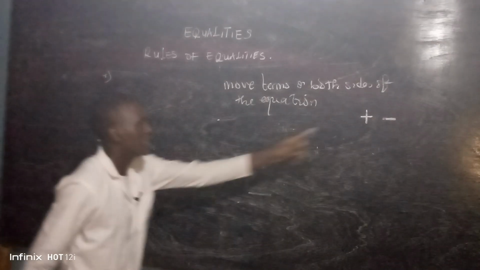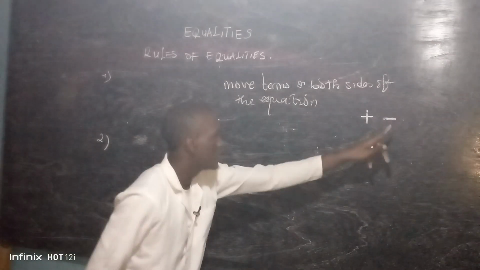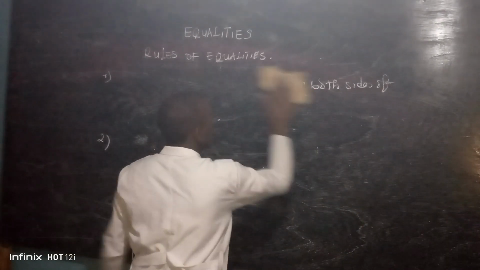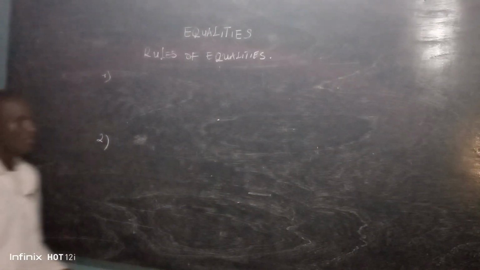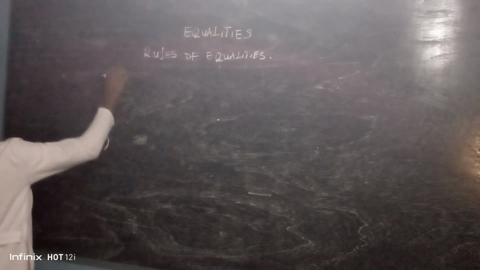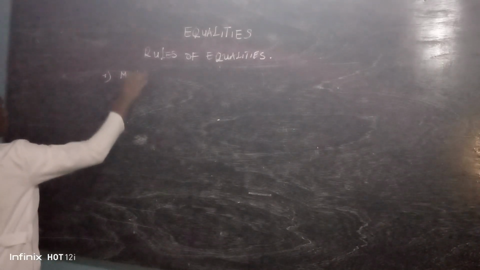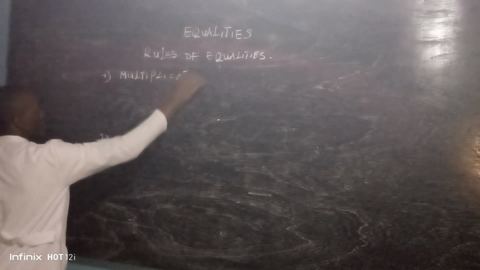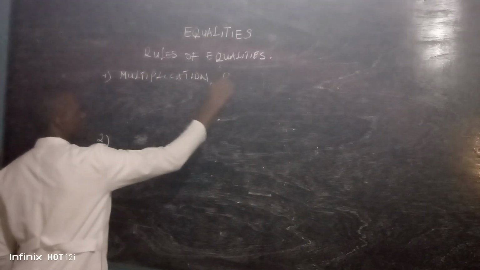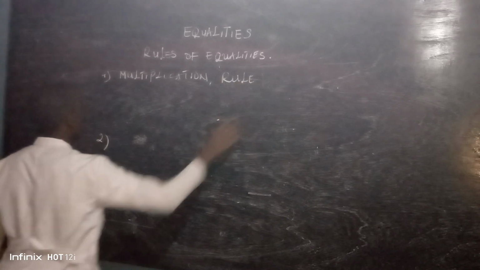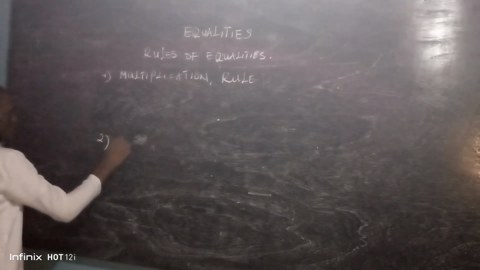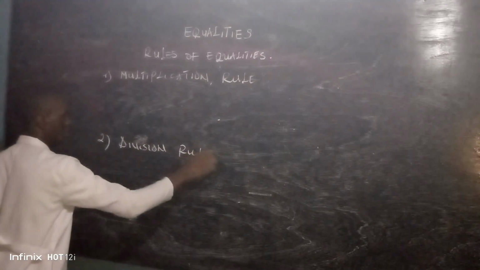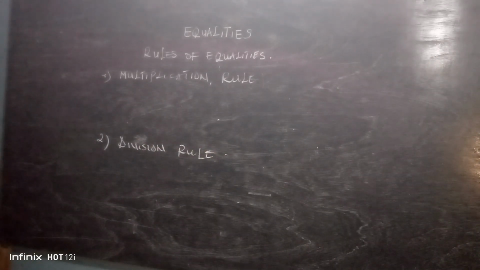So take note, addition you subtract, subtraction you add. Keep it in mind. So we use it to move terms on both sides of the equation. Now let's discuss the multiplication rule and the division rule of equalities.